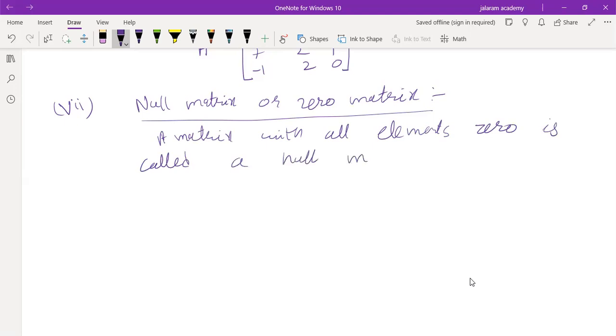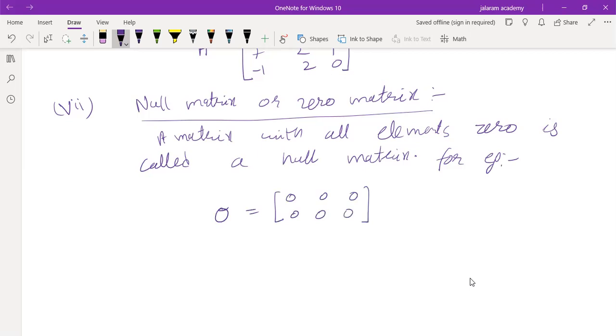Is that clear to you? For example, it is denoted by O. O equals 0, 0, 0, 0, 0, 0.